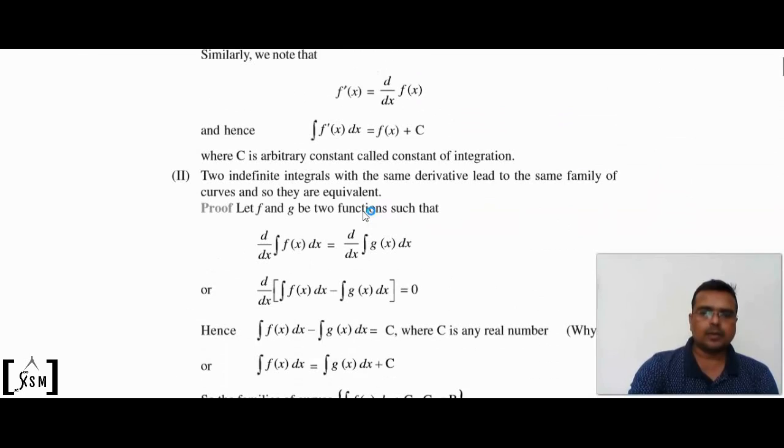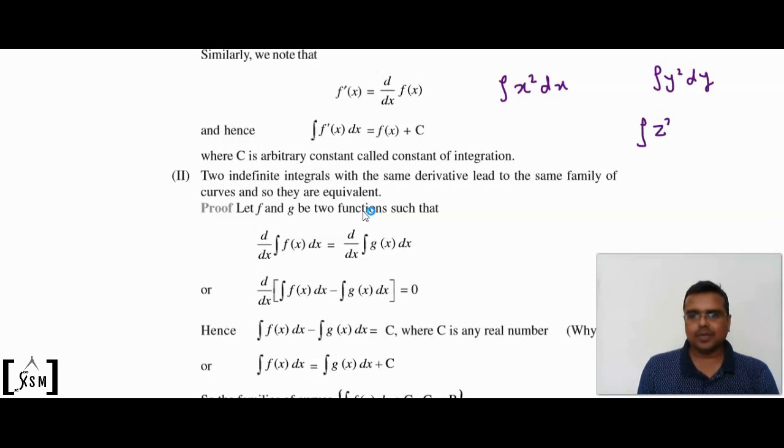The second property is that if there are two indefinite integrals with the same derivative, they lead to the same family of curves, and so they are equivalent. It means that if you have integration of x square dx, or integration of y square dy, or integration of z square dz, all of them are the same.